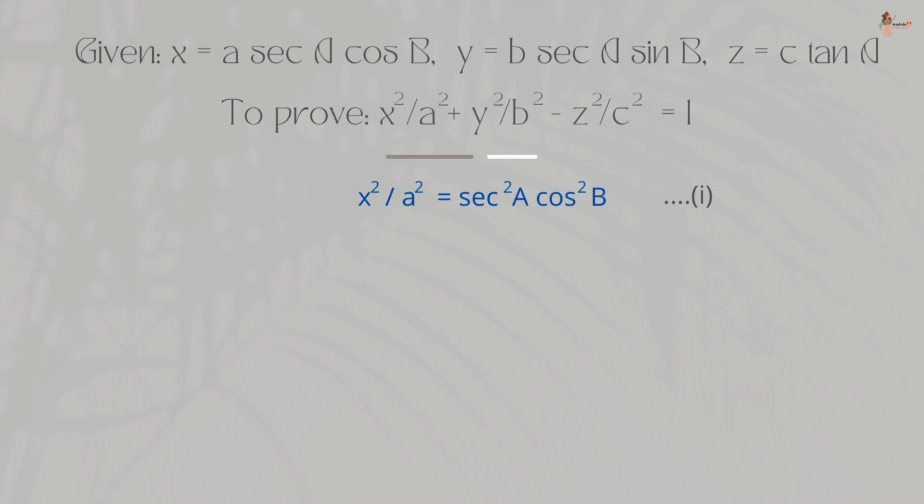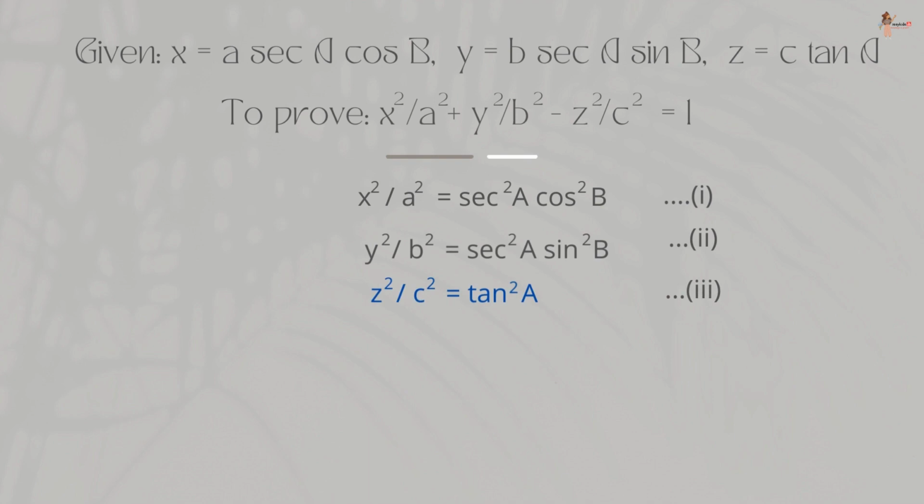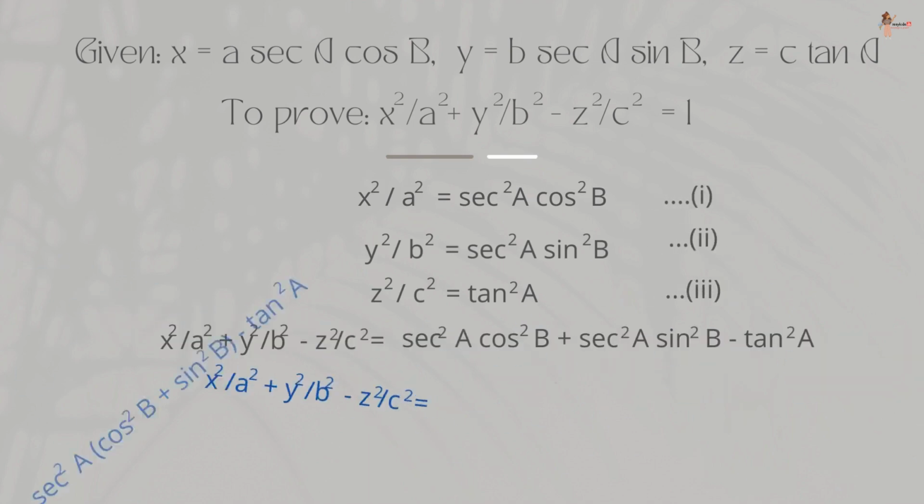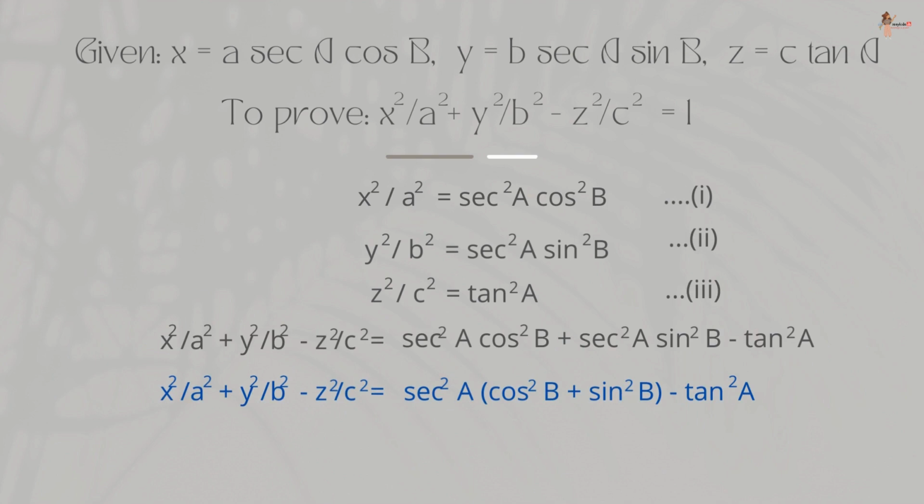So x²/a², we get sec² A cos² B. Similarly, y²/b² is sec² A sin² B. Now z²/c² is tan² A. Adding the first two equations and subtracting the third, we get this.